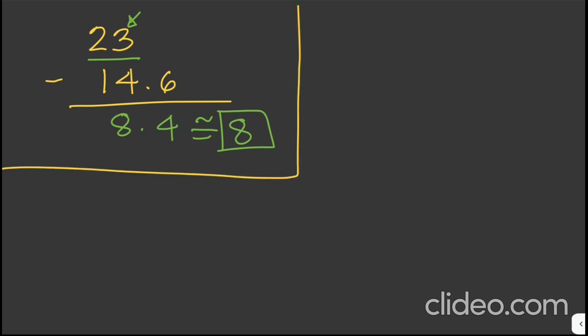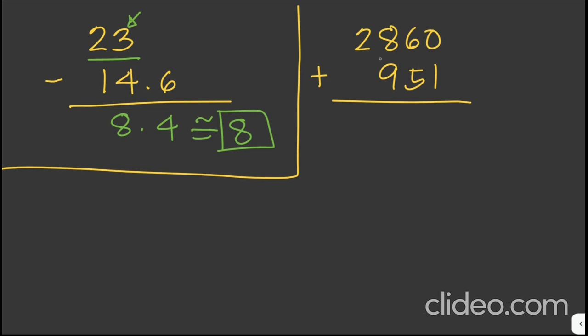Okay, what if we're going to add two whole numbers? No decimal places. So let's say we have 2860 plus 951. In this case, our answer must be rounded off to the same number of significant figures as the least number of significant figures.